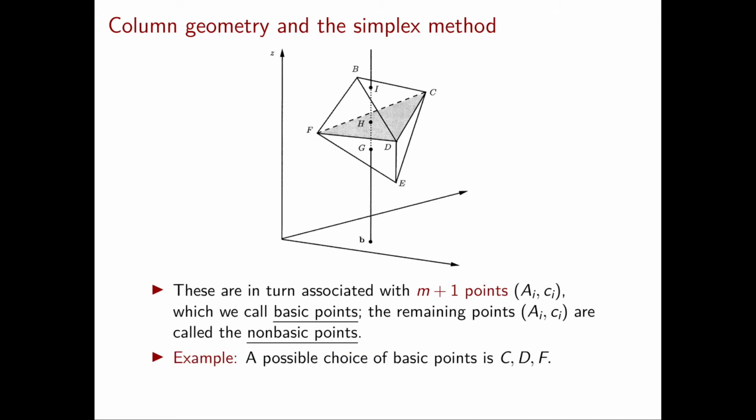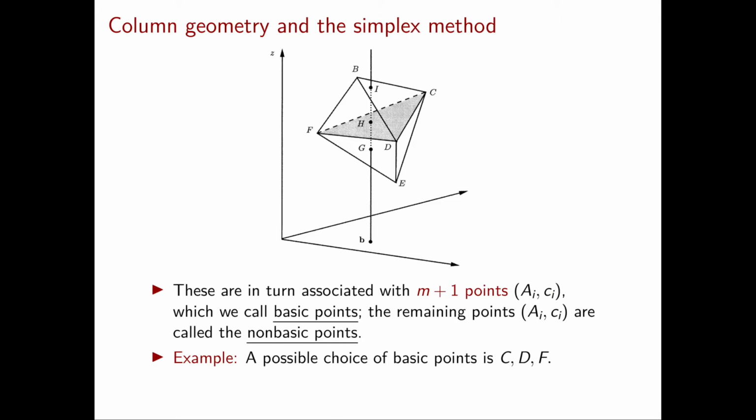Every column ai is associated with the point ai, ci in our picture. So a basic feasible solution is associated with m plus 1 of these points ai, ci. This will be called the basic points. Of course, the remaining points ai, ci will be called the non-basic points.